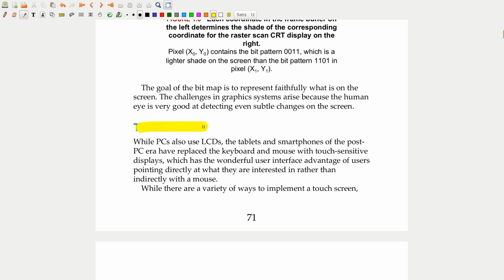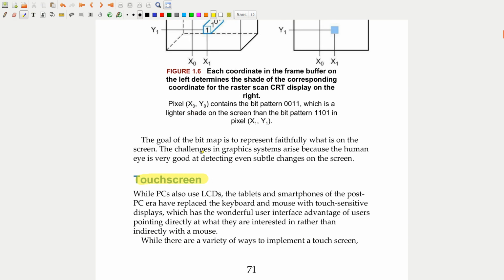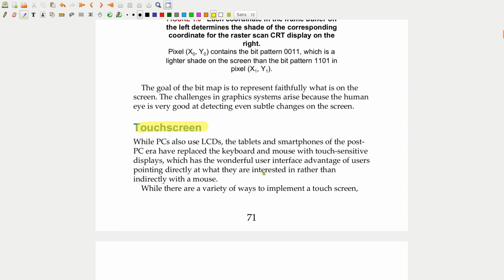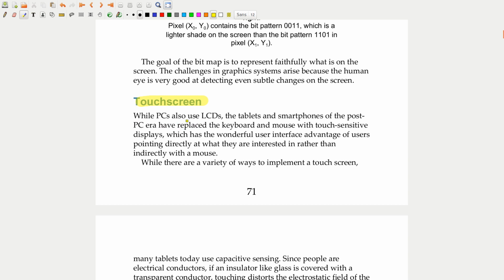Okay, so we can talk a little bit about touchscreens, and how they differ from a simple screen where we're just writing to a frame buffer, because now we're taking input on something that's typically an output. While PCs also use LCDs, the tablets and smartphones of the post-PC era have replaced the keyboard and mouse with touch-sensitive displays, which have wonderful user interface advantages of users directly pointing at whatever they want to use.